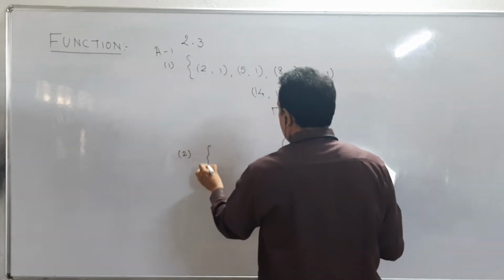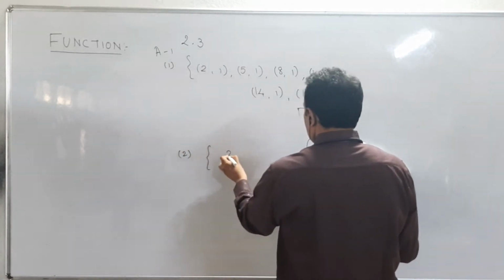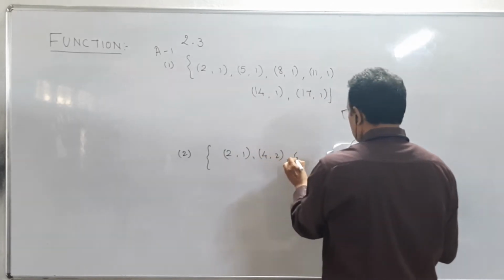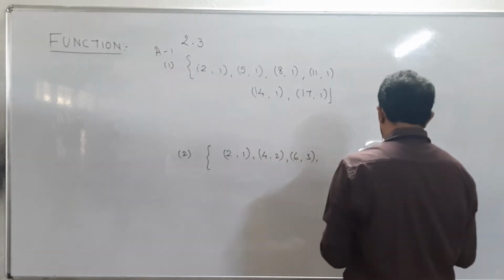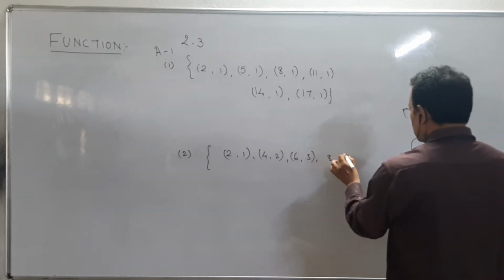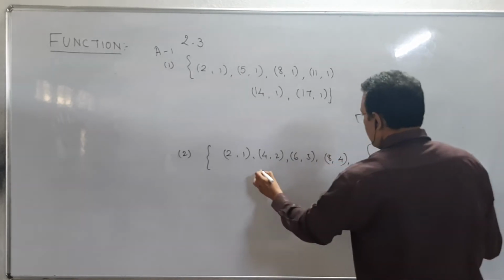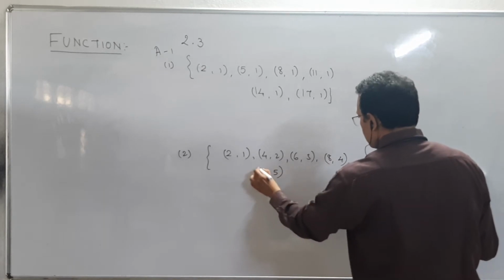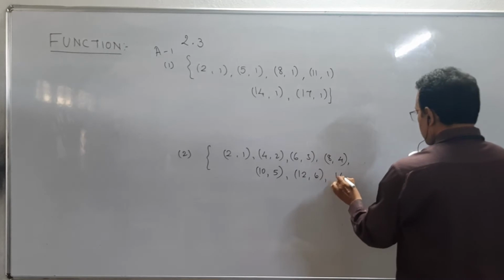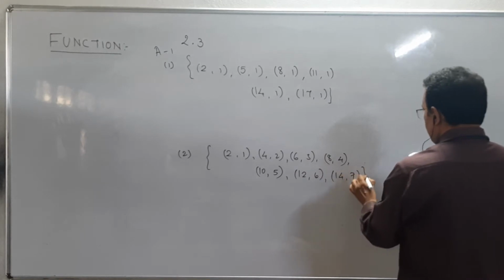Second sum also I am writing, ordered pairs: (2, 1), (4, 2), (6, 3), (8, 4), then (10, 5), then (12, 6), and then (14, 7).